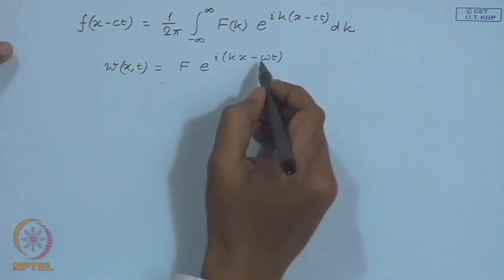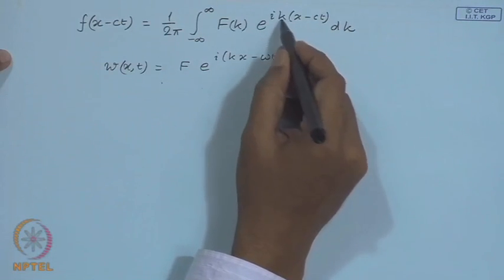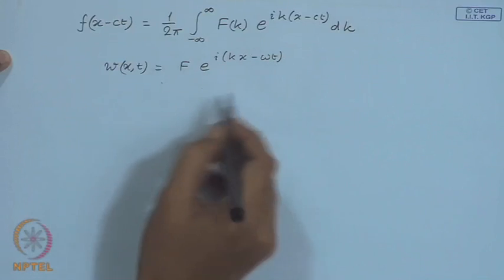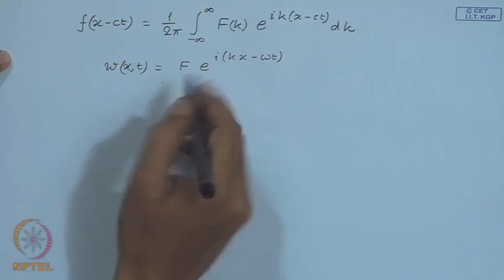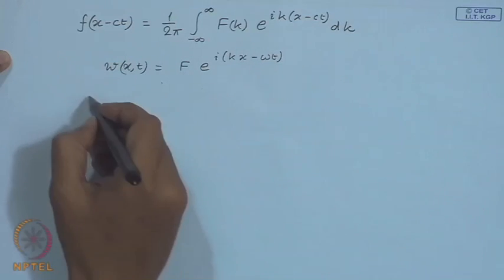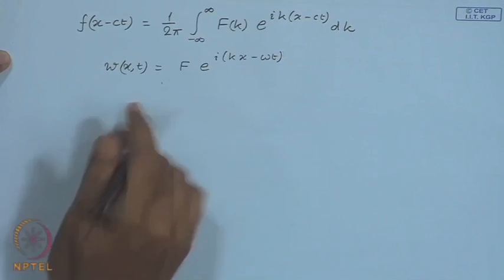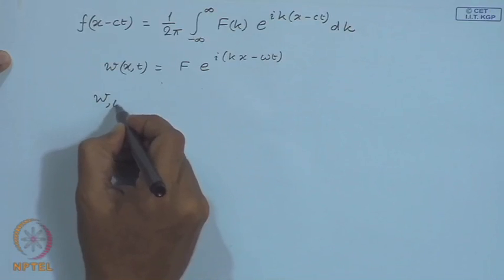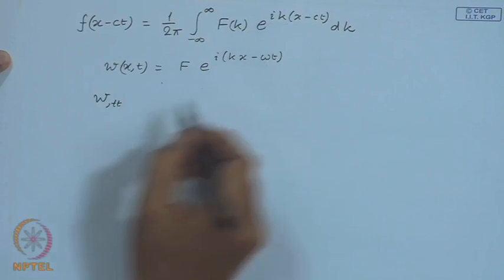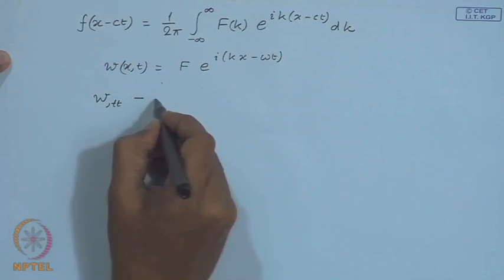This is kx, and kc I am writing as omega. Now, how do I come to this form? If you substitute this solution form in the wave equation, you see that this choice of kc equal to omega satisfies the wave equation.